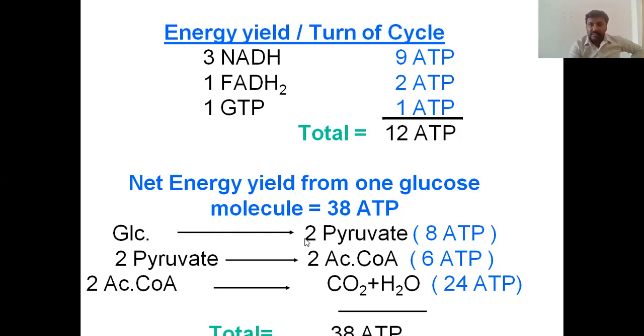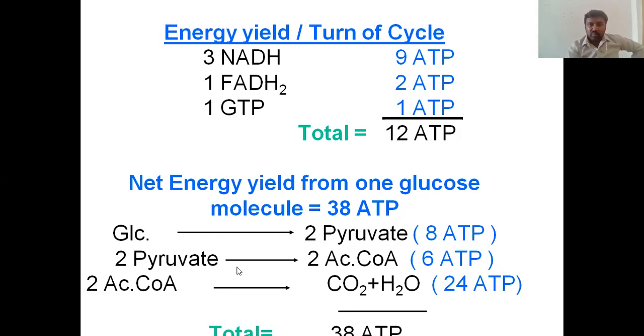So in glycolysis, at the end, 2 pyruvates formed. You can get 8 ATPs only. Already we calculated last class. The 2 pyruvates are converted into acetyl coenzyme A. It is an intermediate step, already we discussed.